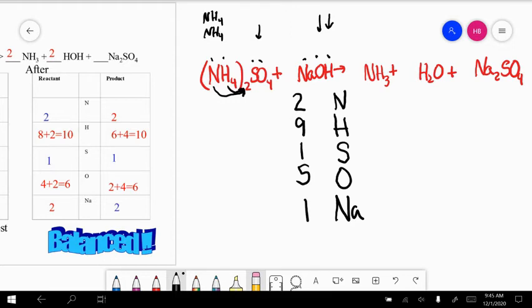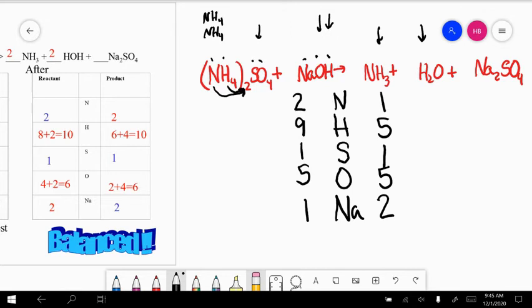Let's do the same thing for the other side. Before I begin, I have 1 nitrogen. I have 3, 4, 5 hydrogens. I have 1 plus 4 or 5 oxygens, 2 sodiums, and 1 sulfur.